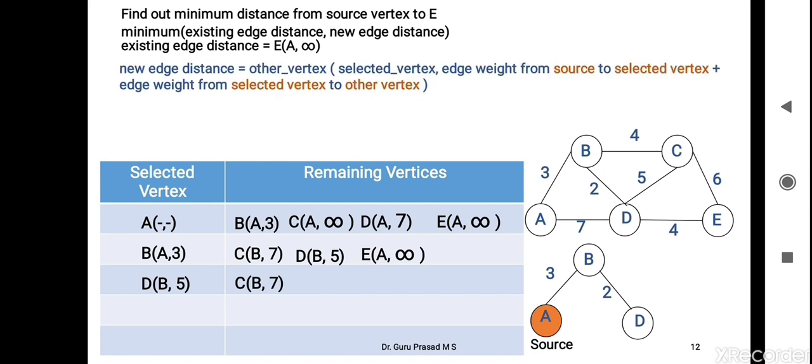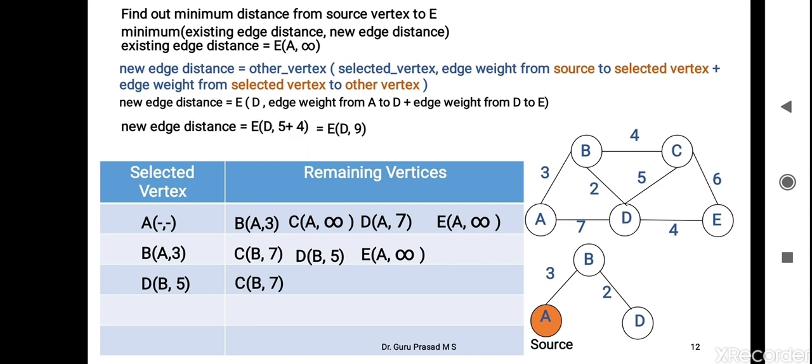The new edge distance formula is this one: E of D, the selected vertex is D, edge weight from A to D plus edge weight from D to E. Edge weight from A to D is 5, plus edge weight from D to E, observe the edge D to E, that is 4. It will become E of D comma 9. Minimum of E of A comma infinity and E of D comma 9. The minimum is E of D comma 9. That one I am considering.